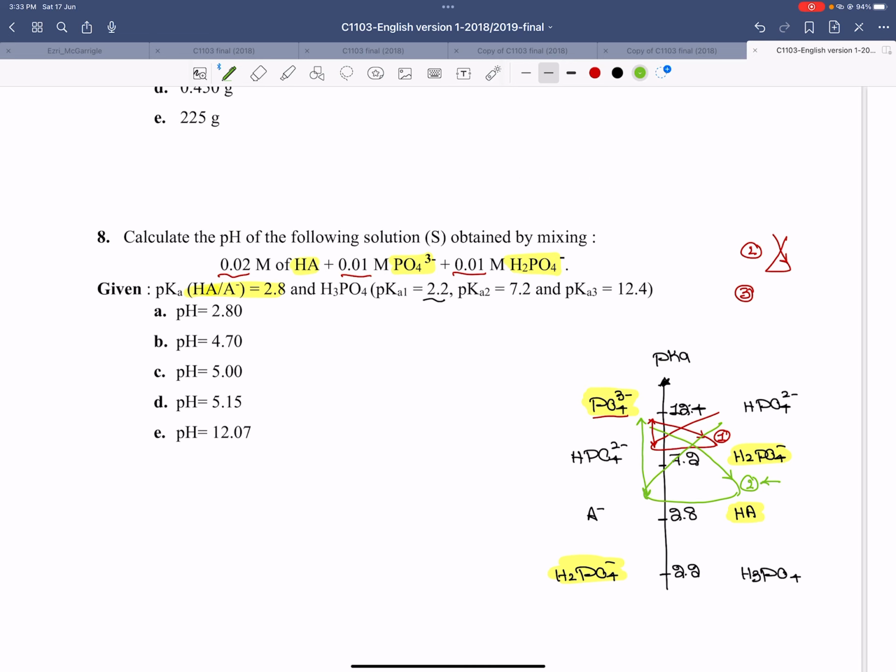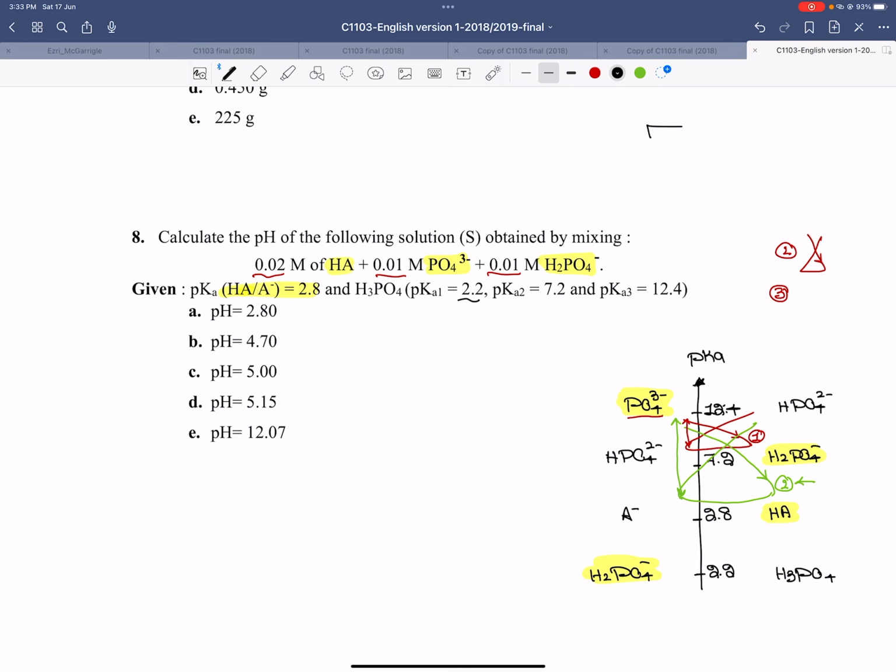Because remember, for a reaction along the gamma direction, Kr will equal 10 to the bigger pKa minus the smaller pKa. In the first option, it's 12.4 minus 7.2.